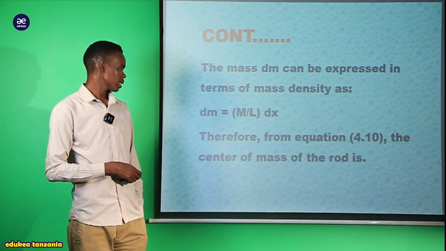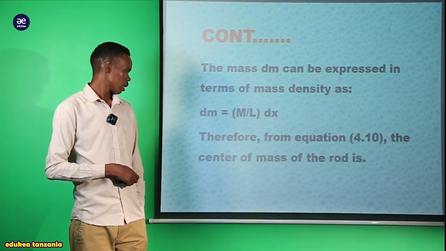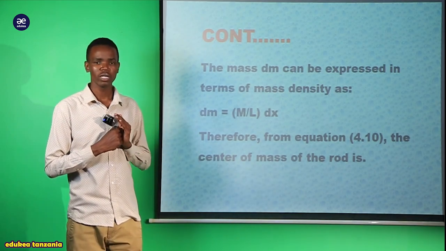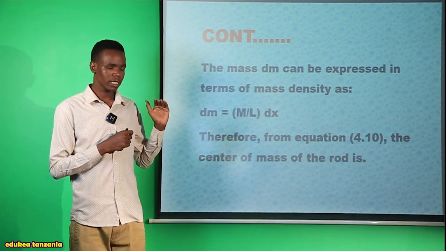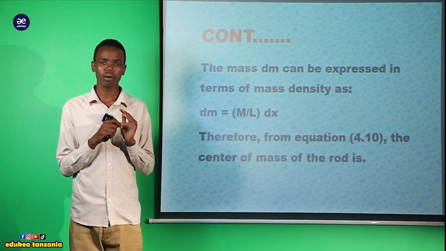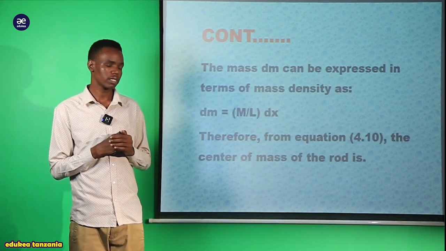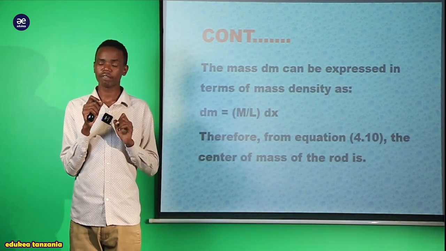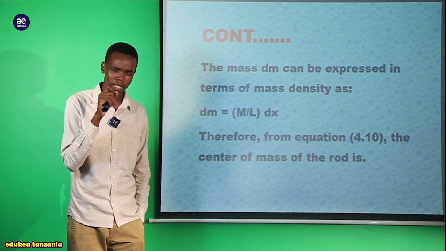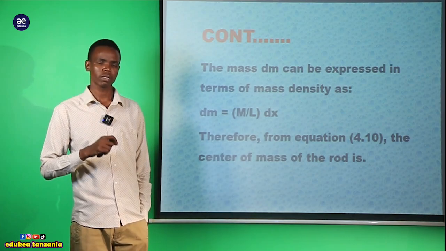So after that, my dear student, from equation 4.10 the center of mass of the load is here. After demonstrating that this small mass dm is equal to the mass density, it means it is equal to the mass divided by length times the small distance at distance x from the fixed point.